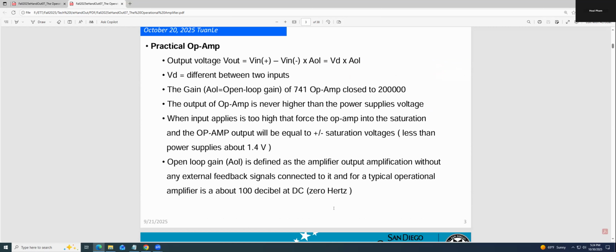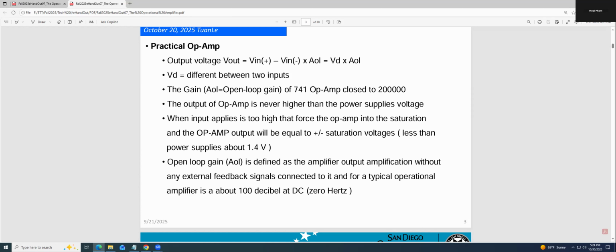Okay, now the practical op-amp output voltage: Vout equals Vin at positive minus Vin at negative, times the open loop gain A_OL. That you already know.